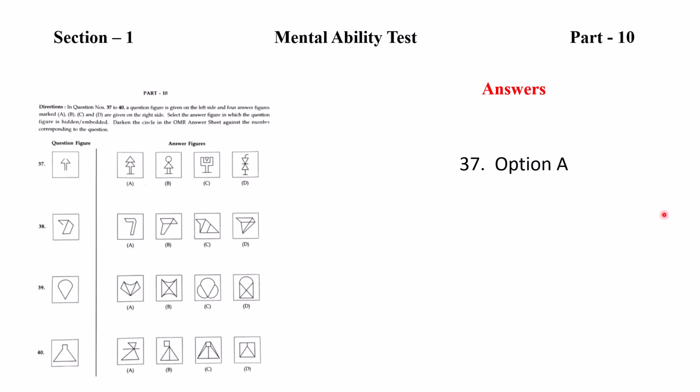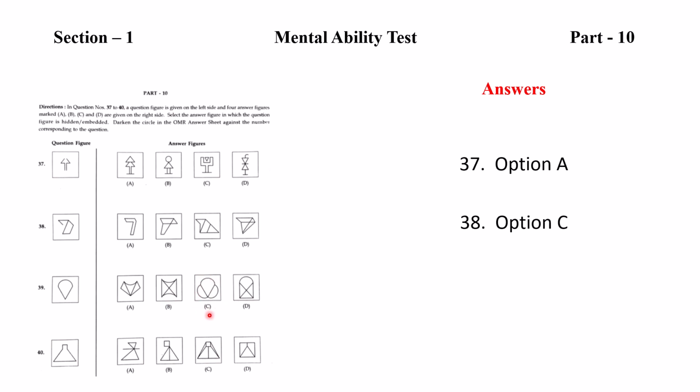Coming to the next question, question number 38. It is a very simple question, where we can find this type of figure. If you carefully observe option C, you can see this figure is present here. Therefore, option C would be the right answer. Coming to question number 39, this is very simple.